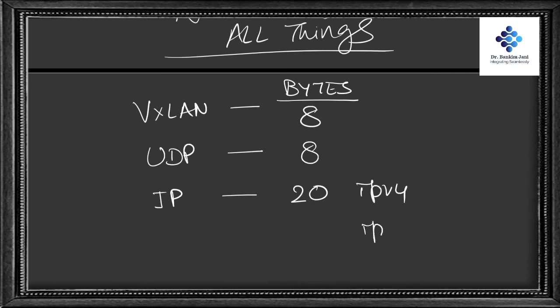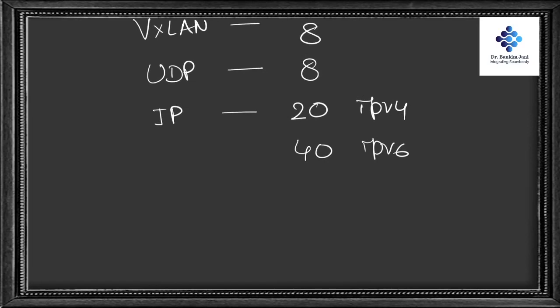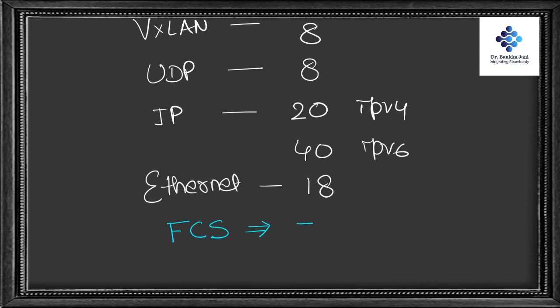When it is IPv6, it would be 40 bytes. And on top of it, we said that there would be Ethernet encapsulation. That Ethernet encapsulation itself is another 18 bytes. The only good thing is that because of all these things, we don't need FCS. Frame check sequence is not needed, so those 4 bytes would be decreased.